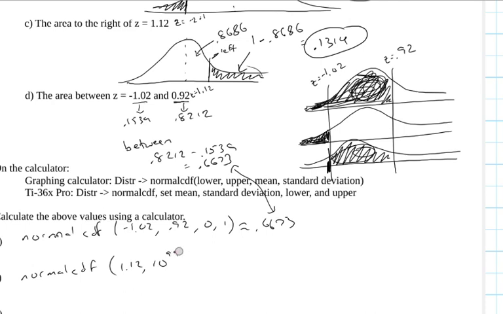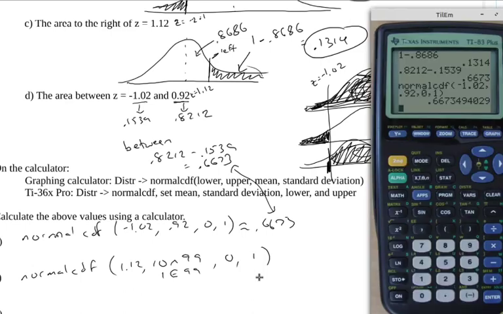It's not displayed like that on the calculator. It's usually like this, but you can do 1e99 as well. If you're on the TI-36X Pro, it probably has that put in there, and you can just leave it. That's your infinity. And then you do 0 and 1.